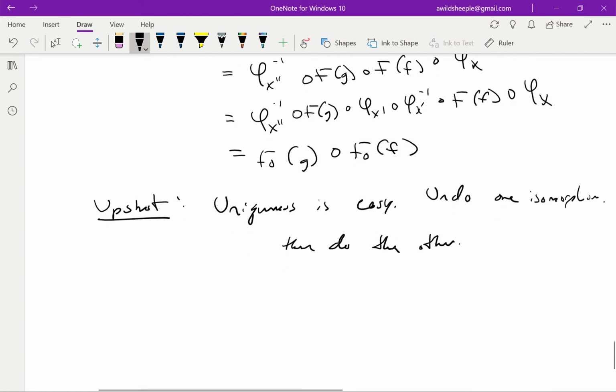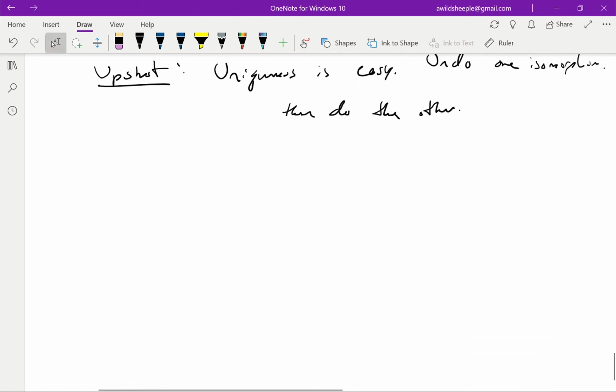Okay, so why are we proving this lemma? This lemma motivates the following very important definition. Definition. So C will be a category.